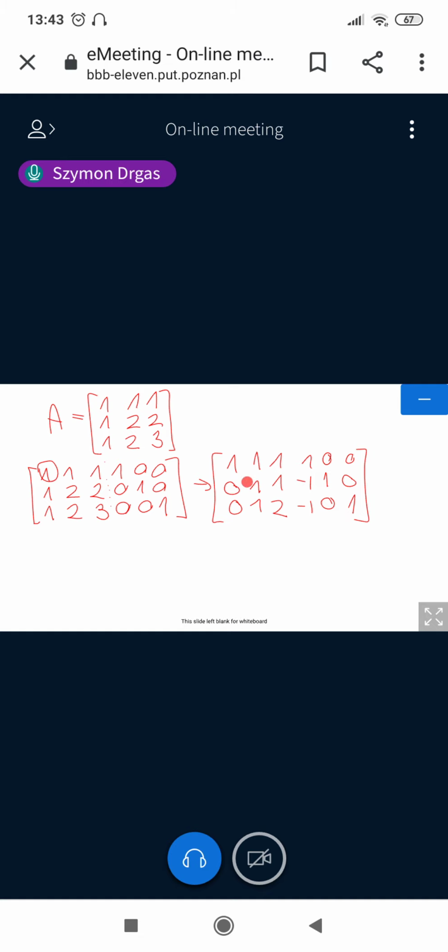Now the next pivot will be this 2, 2 element, so I can rewrite these first two rows, 0, 1, 1, and I will also subtract the second row from the third row, so it will be 0, 0, 1, negative 1 minus negative 1 is 0.